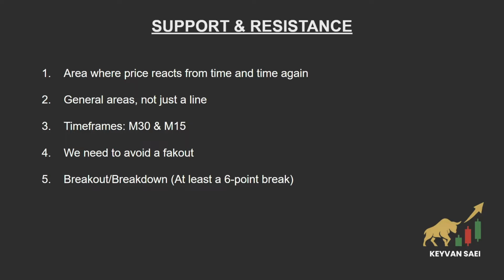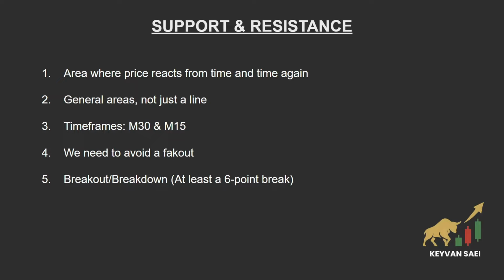Price always moves in ranges. It's not just one price line where price is consistently going to react from. These are just general areas, and usually that's why I draw a zone for it, right? And the time frames that I use to draw these levels are usually the M30 and the M15. Between those two, you can clearly see the support and resistance levels for scalping or intraday trading on the S&P 500.